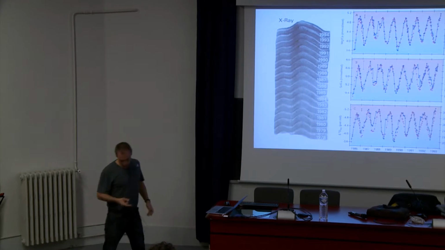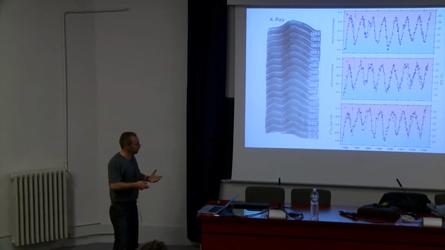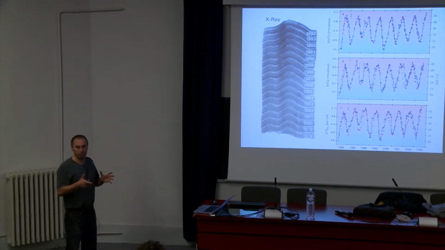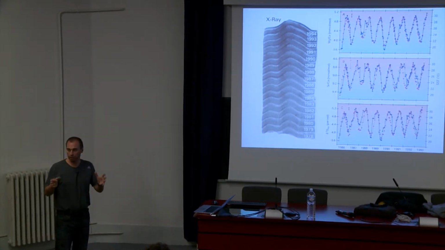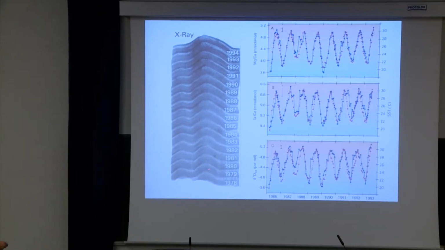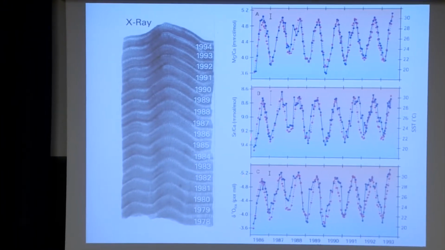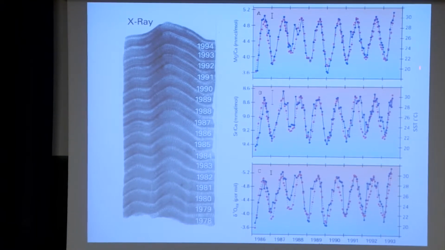To obtain this calibration, people usually have a temperature record, an actual measurement of the water temperature for some period of time. Here you have measured oxygen isotopes, the strontium-calcium ratio, or the magnesium-calcium ratio, and then the sea surface temperature measured with a thermometer right next to this coral. So there's no discussion.